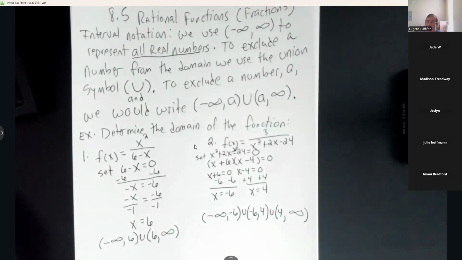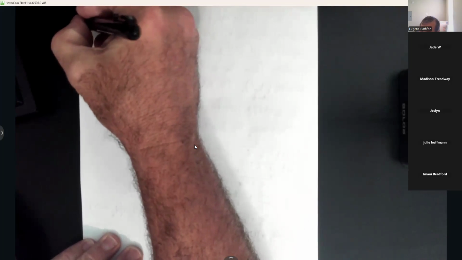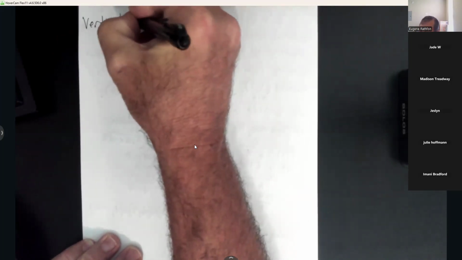All right, so now we're going to learn about graphing these type of functions. So what we're going to learn about next are what we call asymptotes. So let me start out with, and so these are going to be some definitions. So this one is a vertical asymptote.